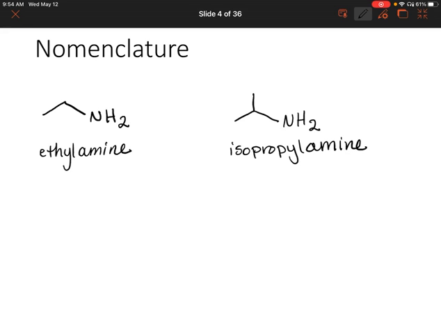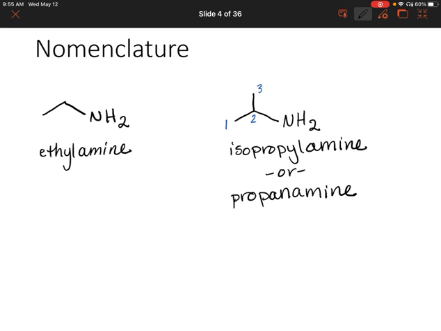Now there is another way that we could name, for instance, that isopropylamine molecule. So for instance, we could call this, let's see, if we number the longest carbon chain, we can see that we have an amine on the second carbon. So we would start by saying, okay, we have propane. So we have a 3-carbon chain, but I'm going to drop this E because there is an amine attached.